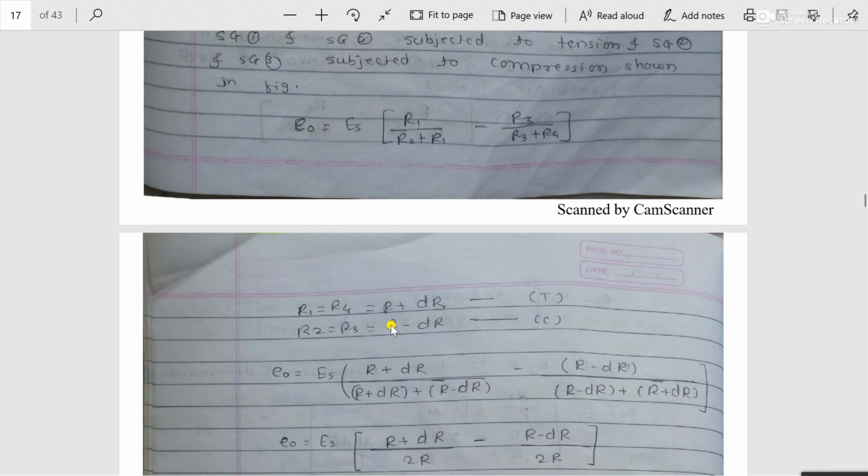This capital R and this delta R are common in strain gauges 1, 2, 3 and 4. But this plus sign is very important because 1 and 4 are subjected to tension, and this negative sign is very important because 2 and 3 are subjected to compression.